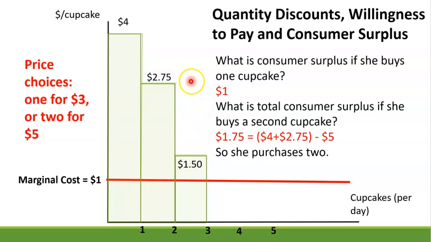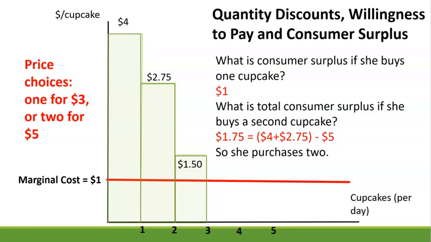And so in this case, it pays the seller to sell the additional cupcake for an additional $2, because that's still in excess of the seller's marginal cost. So this is a way, in other words, of adding to profits.